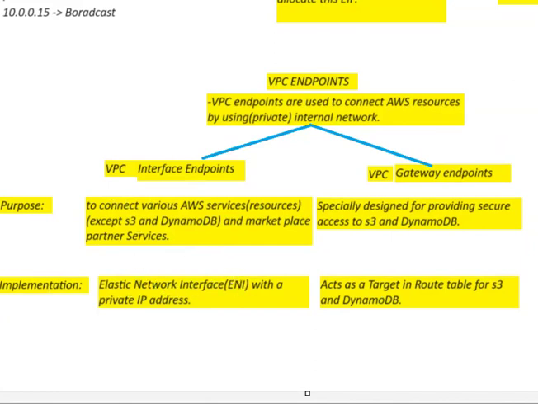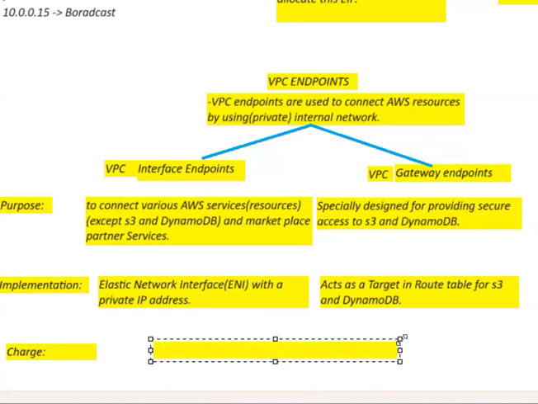So let us see the final comparison, which is very important, that is charge. Finally, when dealing with any services, in any company or any project, it comes down to charge, right? There will be a huge role for charge. So what will we be charged for if we use VPC endpoints?